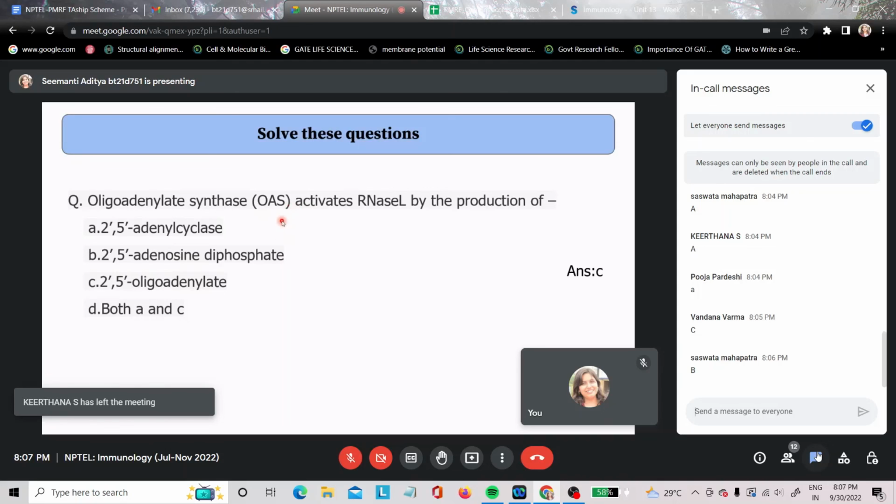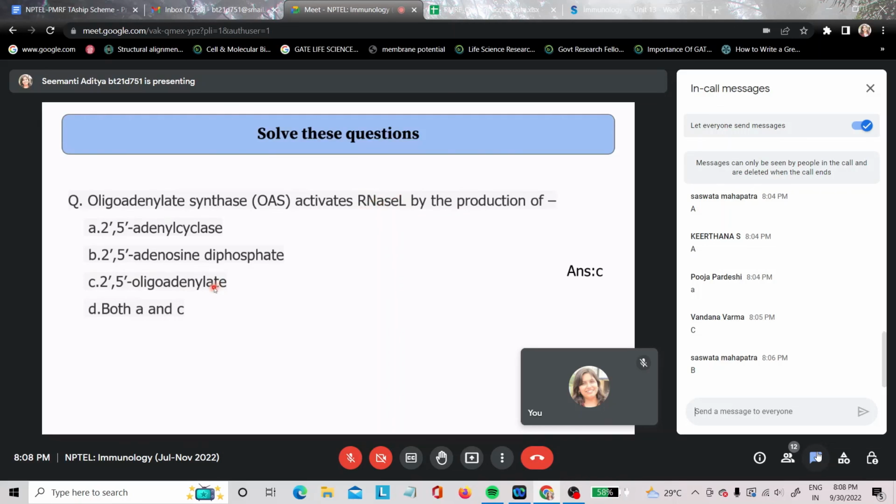Then this OAS will form the OAS tetramer. Once it binds to the genetic material of the virus, it will form a tetramer, and that will initiate the synthesis of 2 prime to 5 prime oligoadenylate phosphodiester bonds. And these phosphodiester linkages will interact with another protein known as RNase L, and RNase L helps in the cleavage of the viral RNA.